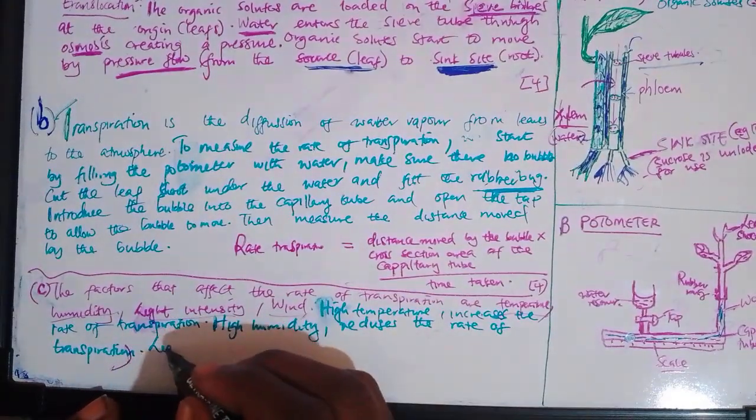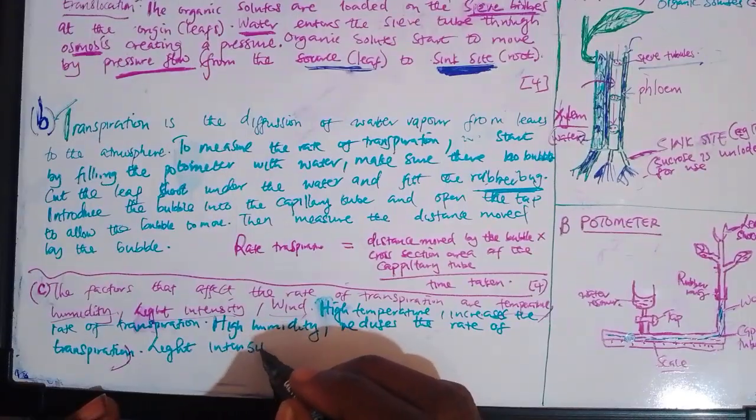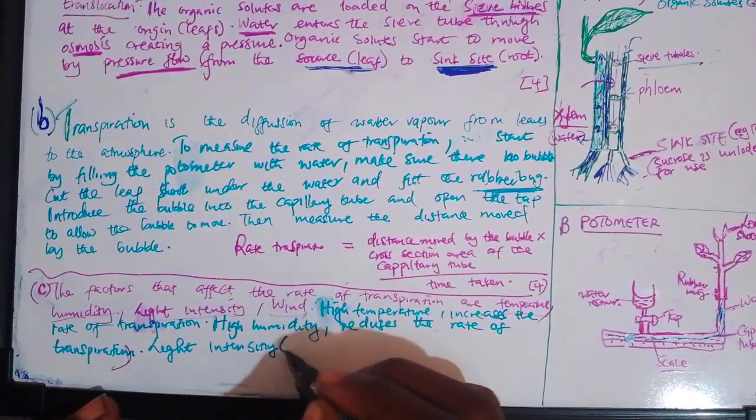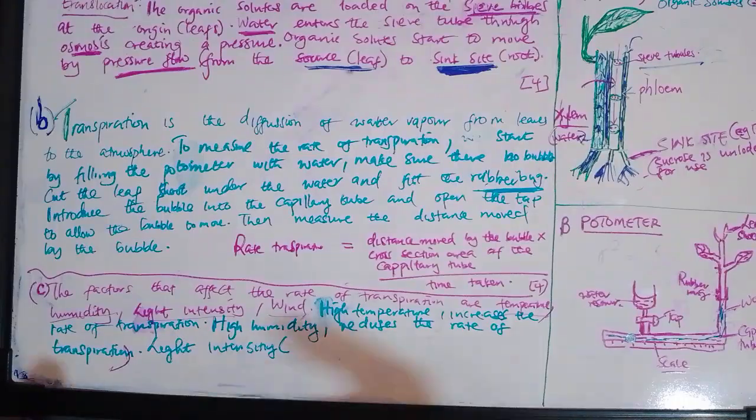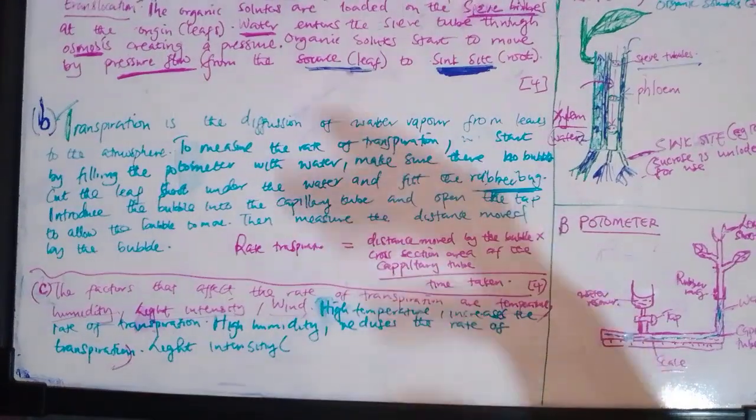Then when we talk about light intensity, light intensity is the measurement of how bright or how dim something is. So we are measuring the dimness and the lightness of something.